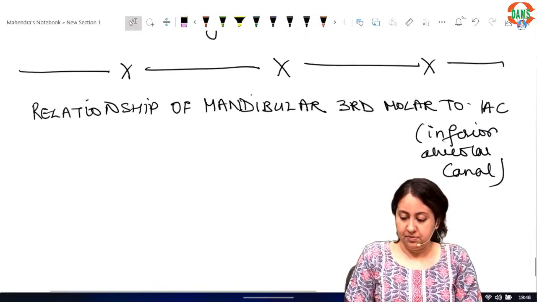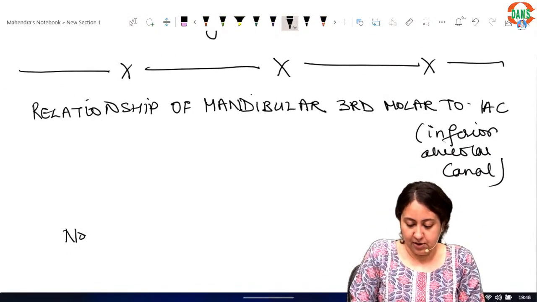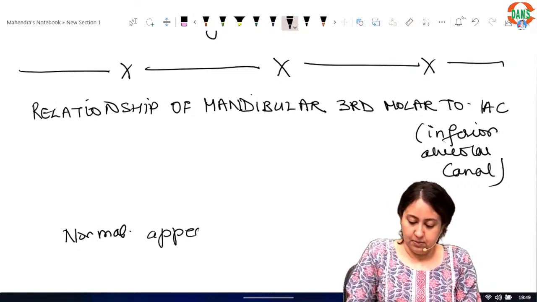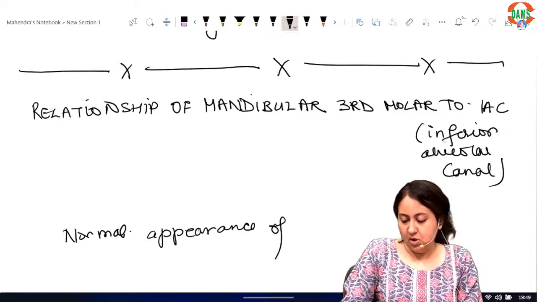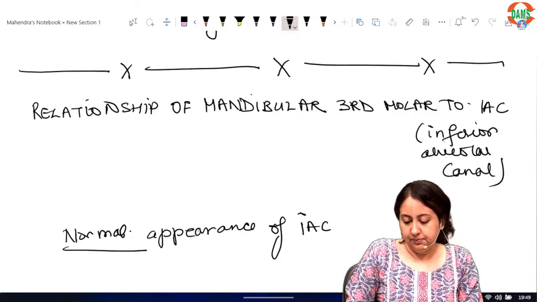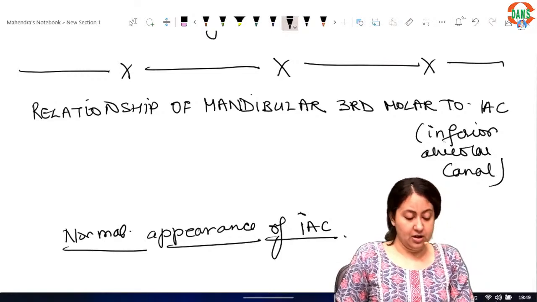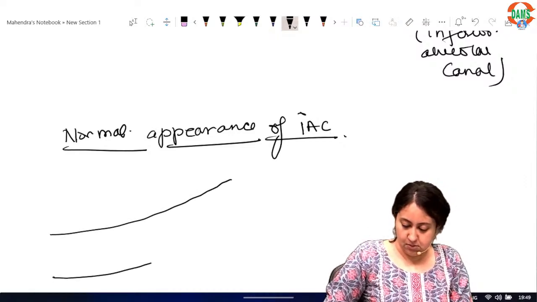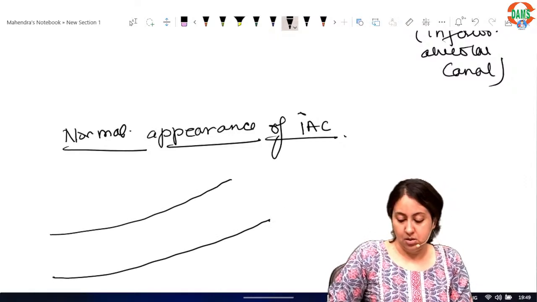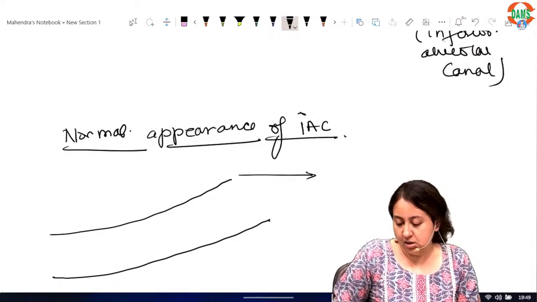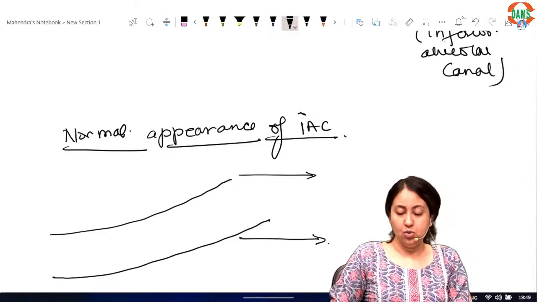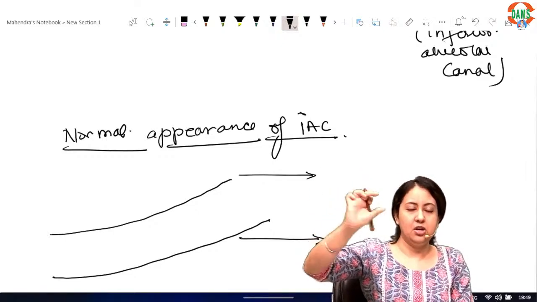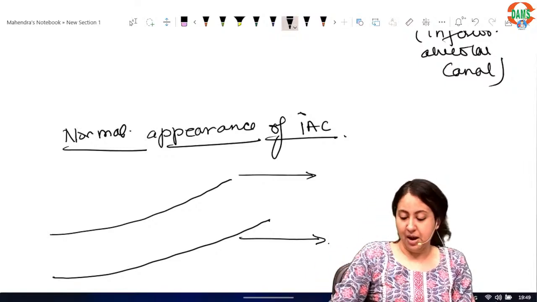Okay. Now to understand this, first we have to appreciate the normal appearance of inferior alveolar canal. If you look at the inferior alveolar canal on any radiograph, you will see two radiopaque lines with a radiolucent band in between.